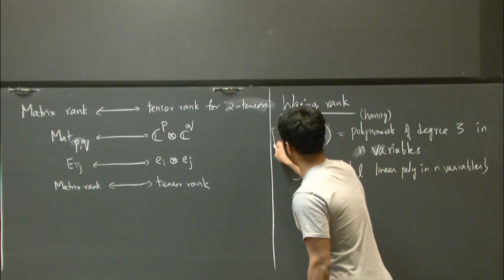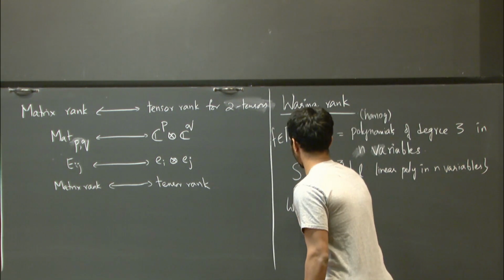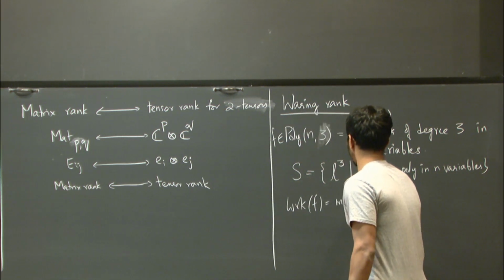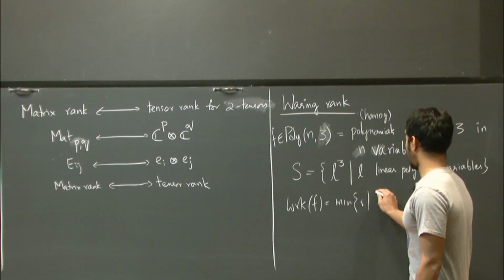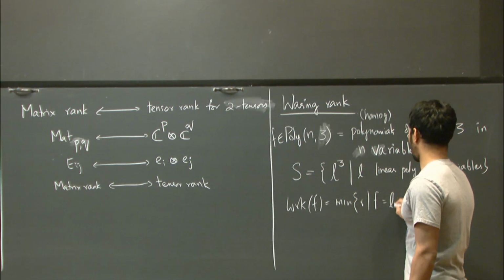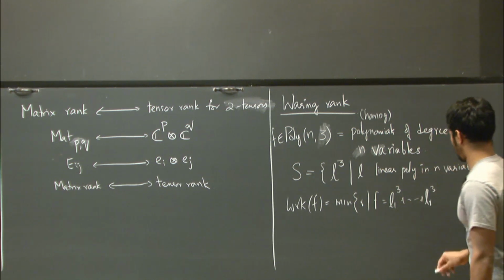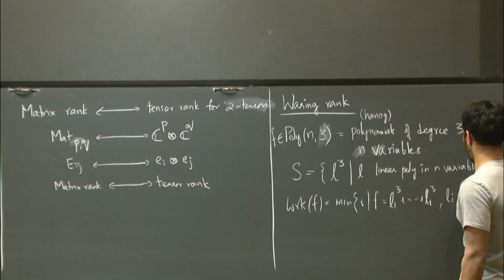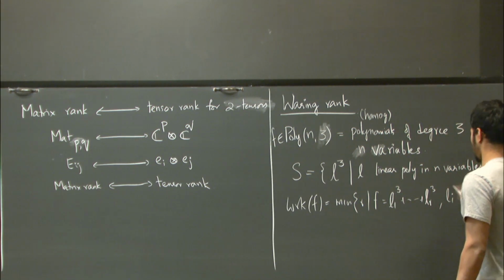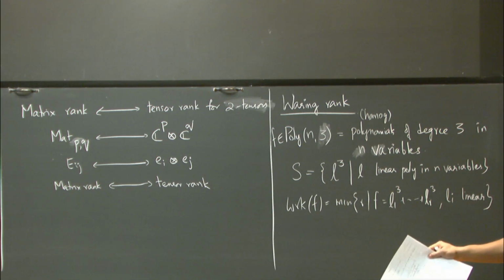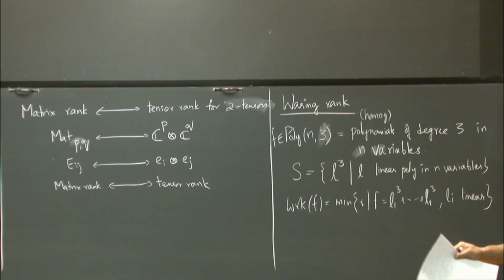So the Waring rank of some cubic polynomial is going to be the smallest number r so that you can write f as L_1 cubed plus ... plus L_r cubed, where the L_i are linear. So you have some cubic polynomial and you want to write it as a sum of cubes of linear forms. What's the smallest number you need? Okay, this is what Waring rank is.